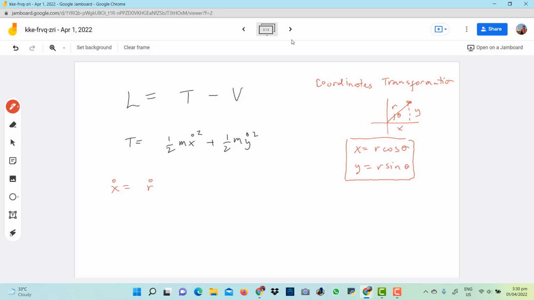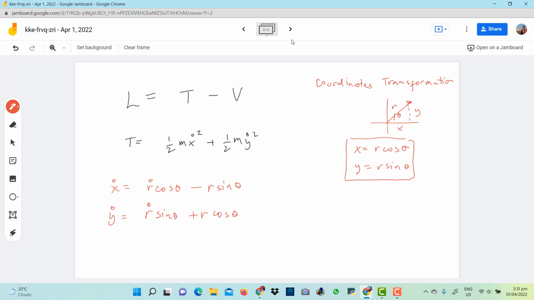But here r is not fixed, so using the product rule I have r dot cosine theta minus r sine theta theta dot. First derive r, maintain the cosine, plus maintain r, and the derivative of cosine theta is negative sine theta. And we also have y dot, which is r dot sine theta plus r cosine theta theta dot, since the derivative of sine is cosine. So there is this relationship between x dot and y dot.